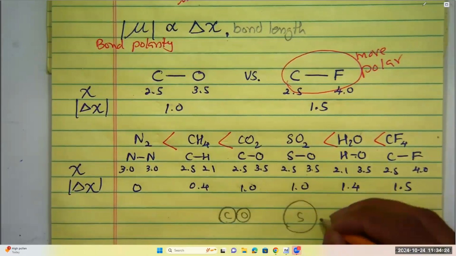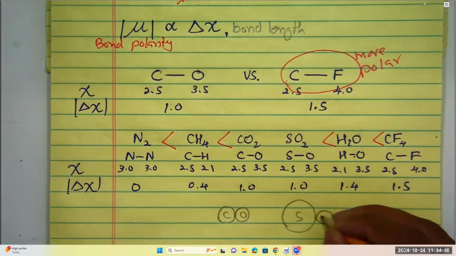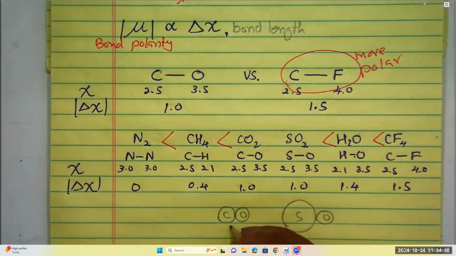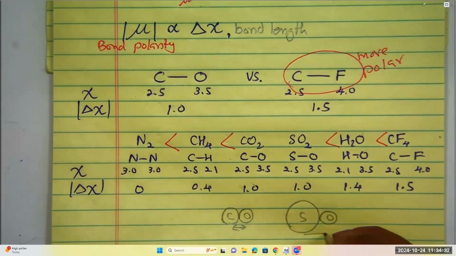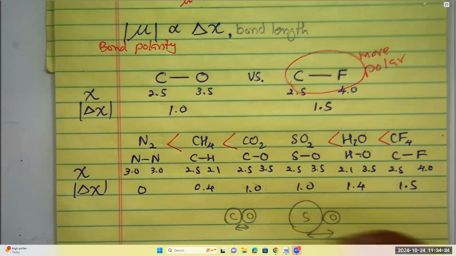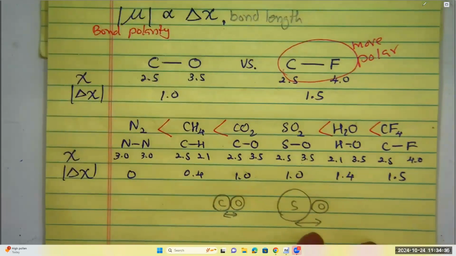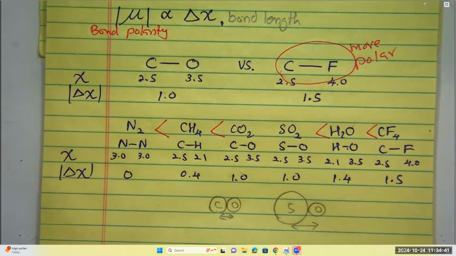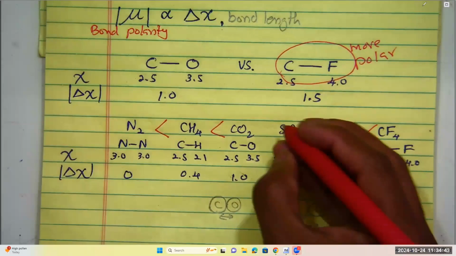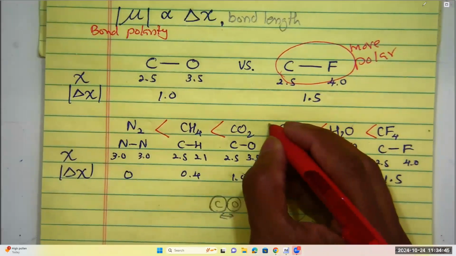Here's oxygen. So the bond length of CO is this much, and the bond length of SO is this much. So SO has a longer bond compared to CO. Therefore, we can expect the SO bond to be more polar than the CO bond.